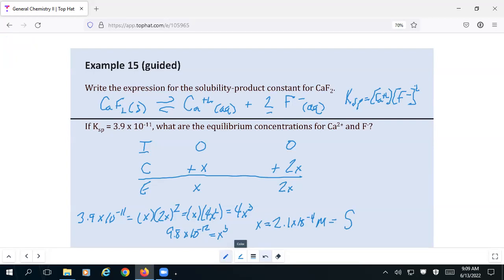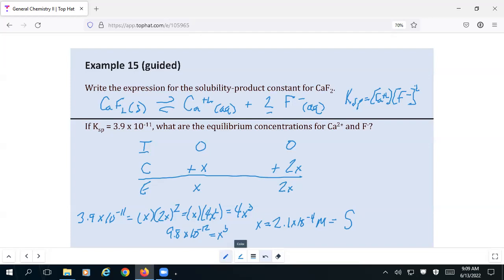Now, I wrote that equals S there, not because we're being asked for it, but because we just want to reinforce that that is the molar solubility of the calcium fluoride. So even though this question doesn't ask for the molar solubility, that is the molar solubility. X and S are the same thing.